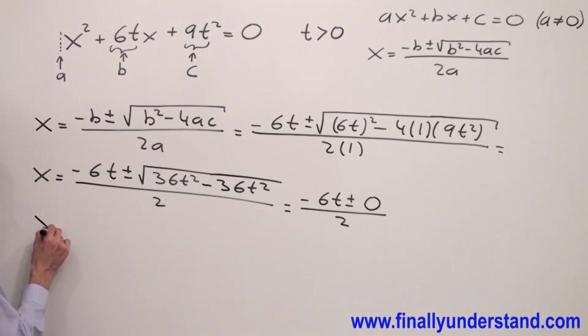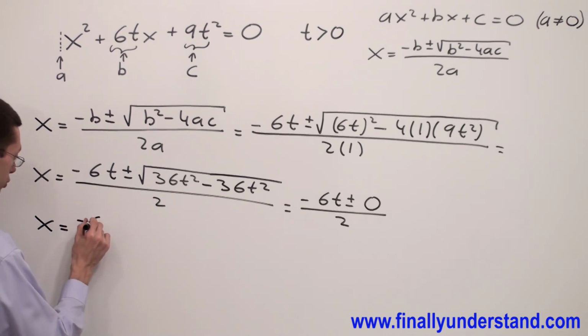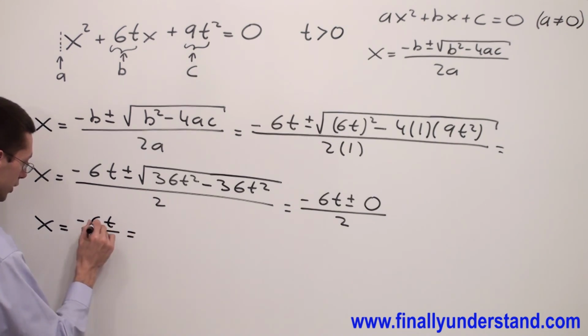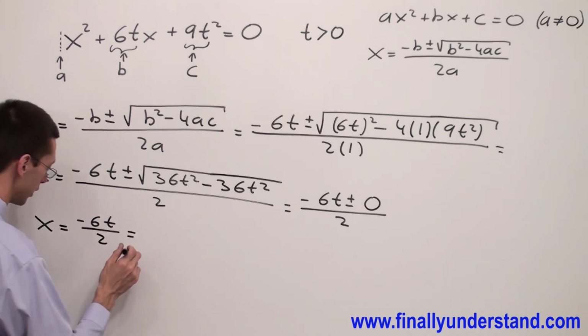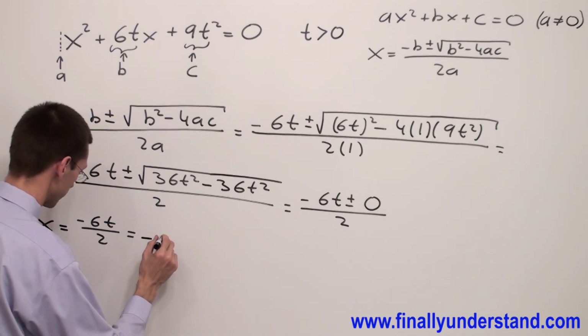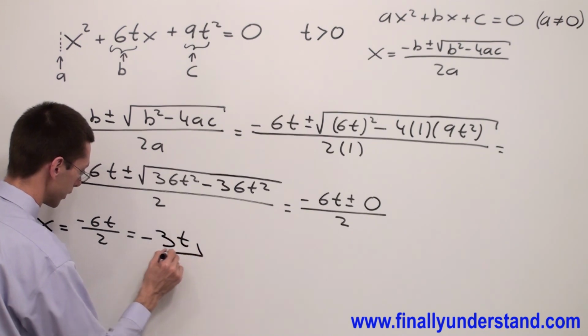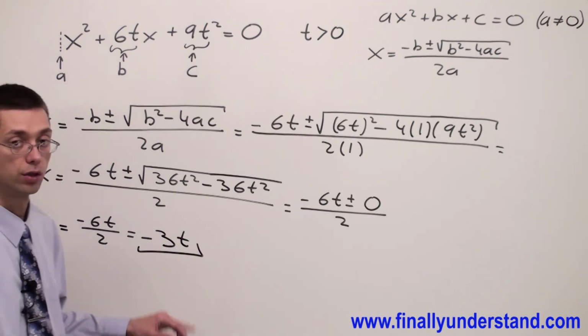That's why I'm going to have x equals negative 6t over 2. 6 divided by 2 is equal to 3. That's why my solution is negative 3t. And this is the answer to my problem.